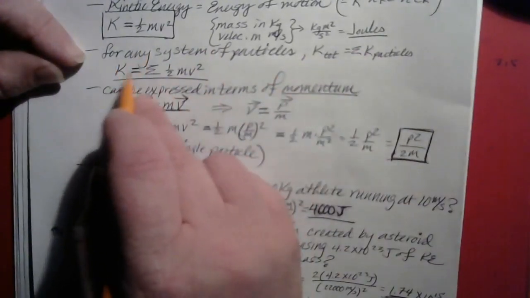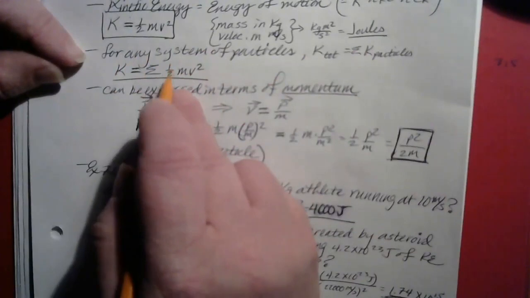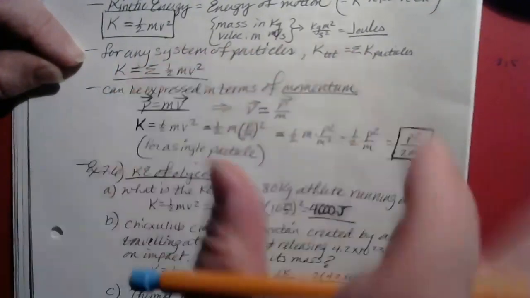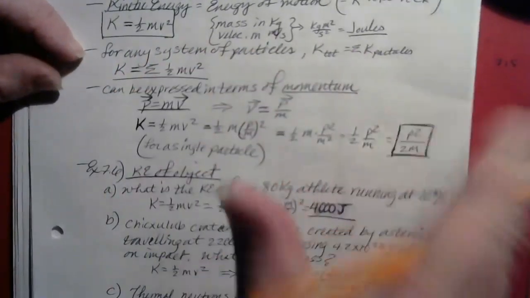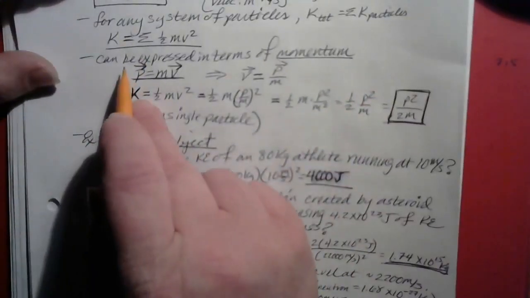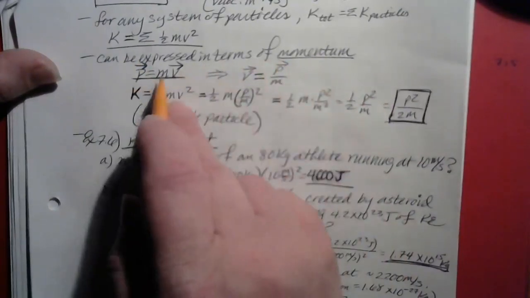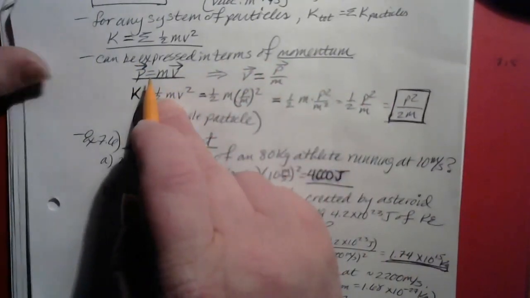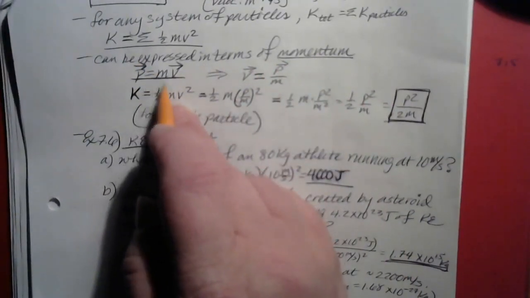Or in other words, K is equal to the sum of 1/2 mv squared for all of the particles. So that's a fairly simple concept. You can also express kinetic energy in terms of momentum. Momentum is mass times velocity, and momentum is also the derivative of kinetic energy.